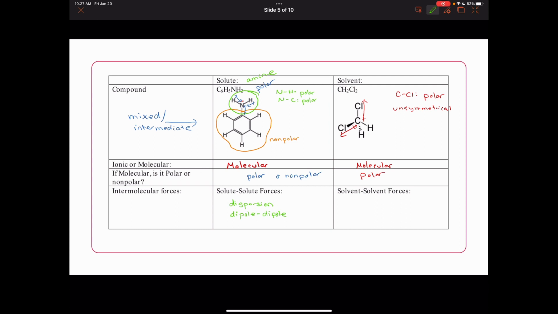So I've got those criteria. I've got nitrogen, hydrogen, and I've got that lone pair. So we have hydrogen bonding. So that's what's going to be allowing C6H5NH2 to attract to other C6H5NH2 molecules.